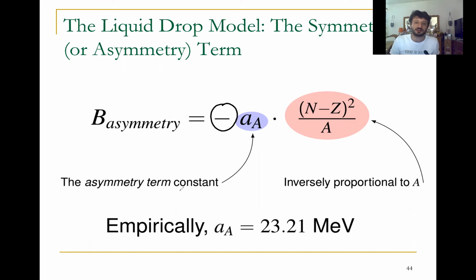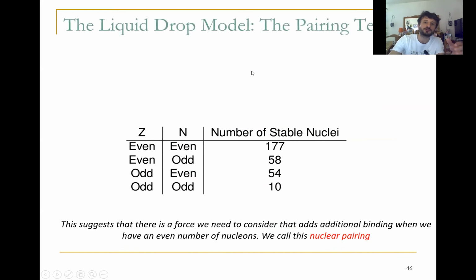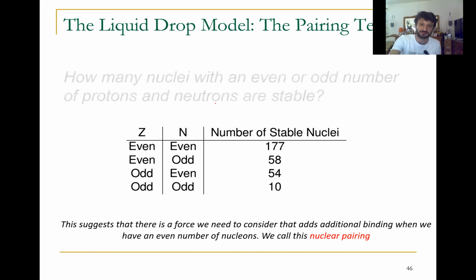AA is the asymmetric term, empirically equal to 23.21 mega electron volts, and B asymmetric is inversely proportional to A. I don't want to go into details about this term, you just have to know the general expression of B asymmetric. We go to the last one, the pairing term.